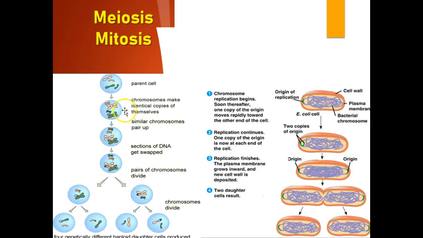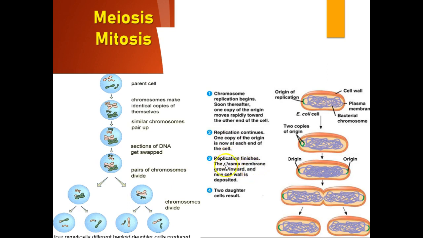Now, what is the process of meiosis? Well, in meiosis, we have a parent cell here. Chromosomes replicate, making copies, each chromosome is duplicated, and then they're swapped. Once all of the pairs of chromosomes divide, they form two cells, and then the cells divide again into other cells.